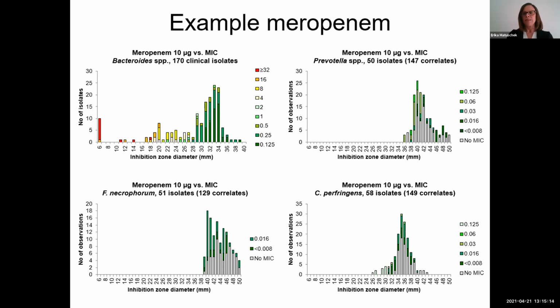So we still see that we have a very good correlation between inhibition zones and MICs. As part of this multi-laboratory trial, the labs will also test local clinical isolates, and we hope to be able to collect a few more resistant isolates to provoke our system a little bit more when we set the breakpoints.